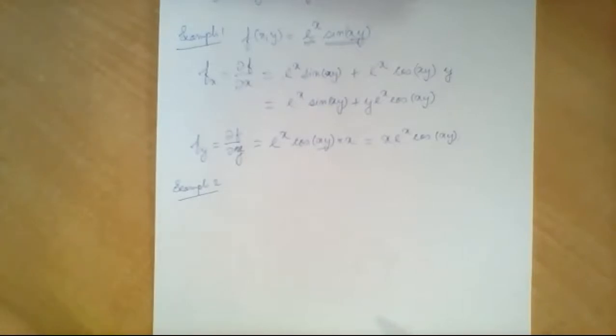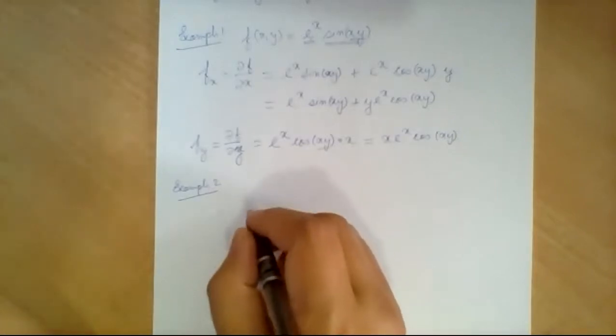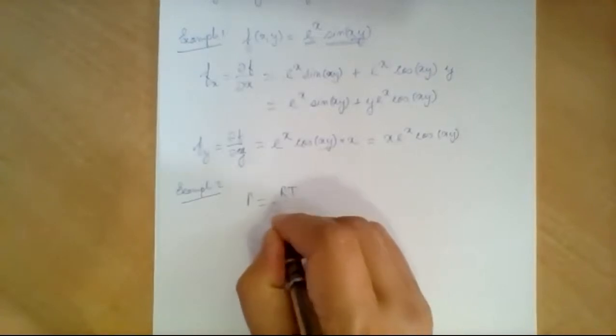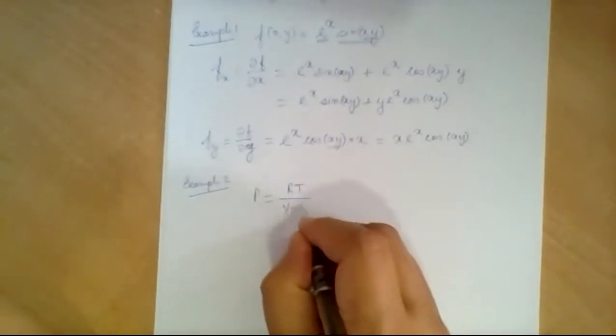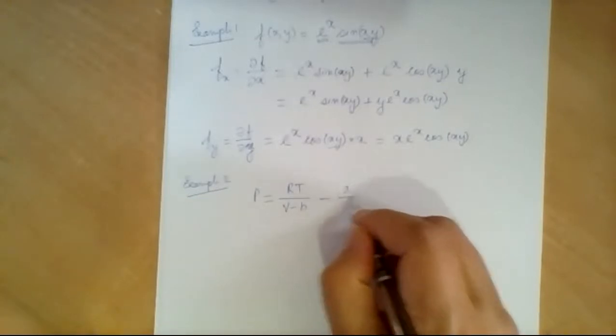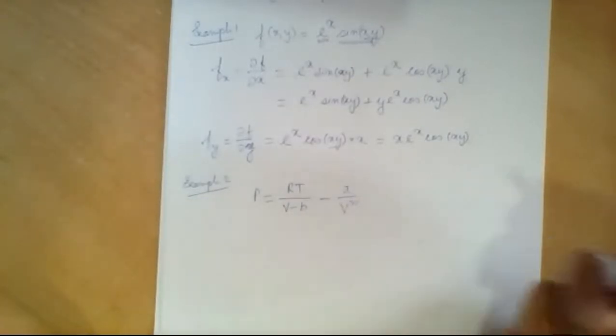Example number 2. Let us consider 1 mole of van der Waals gas. The van der Waals equation is P equal to RT divided by V minus B, minus A divided by V square.